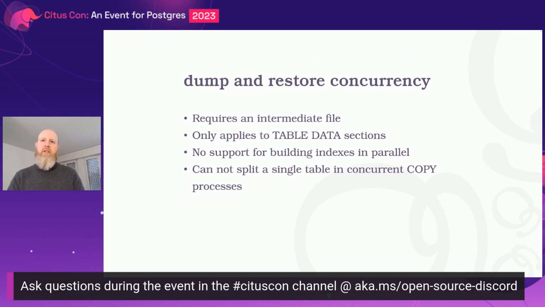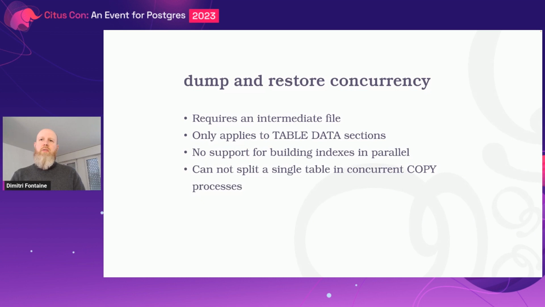You spill to disk and then restore from disk again, which slows down the operations a lot. The concurrency only applies to the table data section. And so you don't have support for building many indexes in parallel, or at least not many indexes in parallel against the same table. We'll get back to that in a minute.